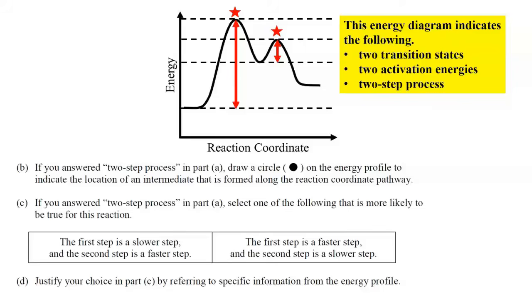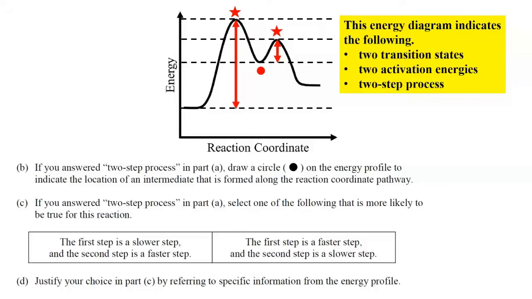An intermediate from a reaction mechanism is a substance that is formed in an earlier step in the mechanism and then is also consumed in a later step in the mechanism. So at that particular spot where I've labeled it with a little circle on the energy diagram, that would be a substance that is formed in step 1 and then is eventually consumed in step 2.